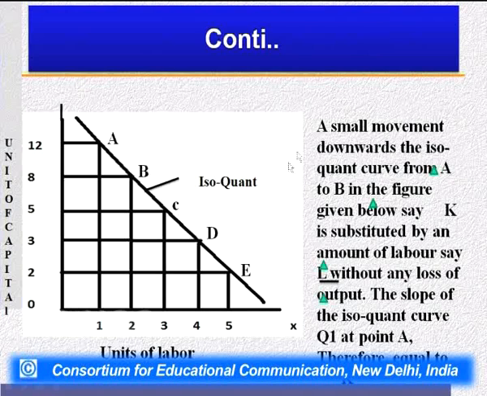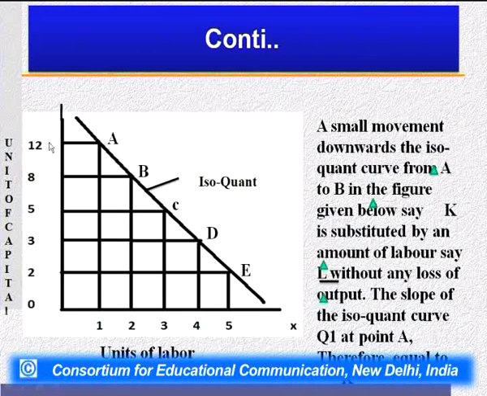Here, if you look at this figure, it is also immersed in the same concept of marginal rate of technical substitution. When we choose A, now we can choose B. Here you can see, when you choose B, there are additional units of labor from 1 to 2, but you can reduce the units of Y from 12 to 8.